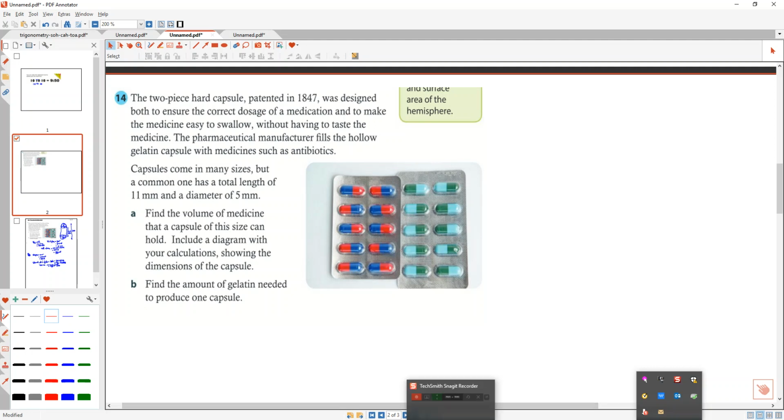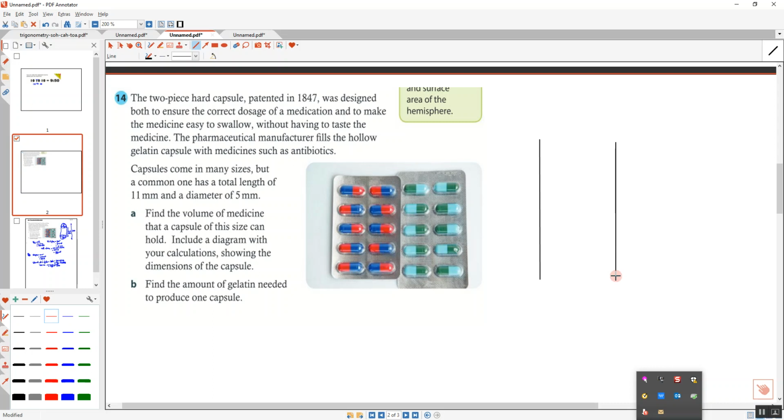All right, so I'm going to do question 14, which is finding the volume of these little capsules. First thing I'm going to do is draw a picture of exactly what I've got. I'll try to make this as neat as possible. We have the main body, which is made up of a cylinder, and the top part, which is made up of a half sphere.